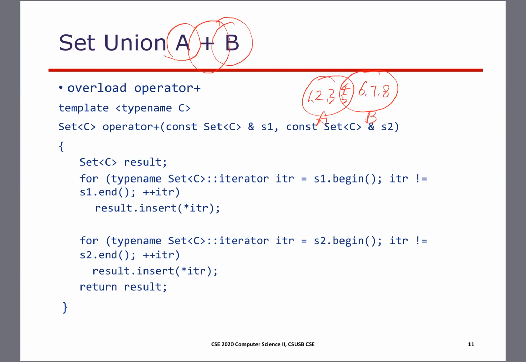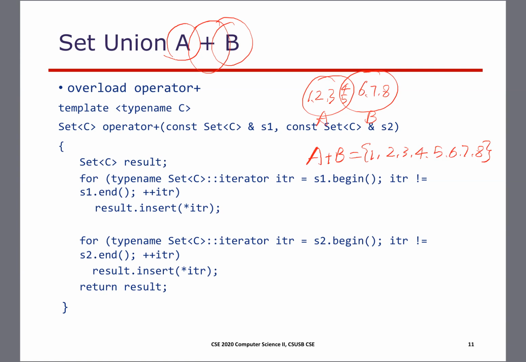Now the union of A and B is equal to what? 1, 2, 3, 4, 5, 6, 7, 8. This is set A plus B, the union of A and B.